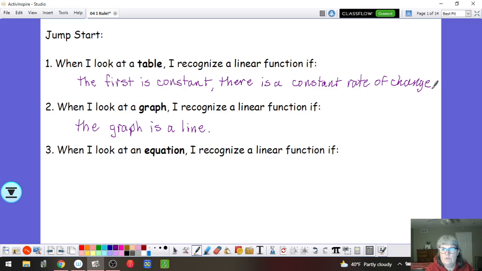When it comes to an equation, you should recognize a linear function if it is written in y equals mx plus b form, so slope-intercept form.